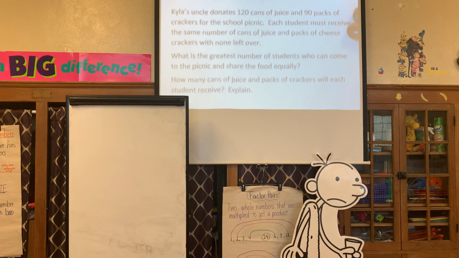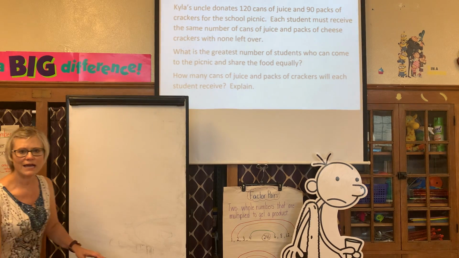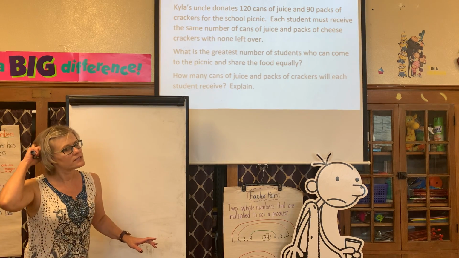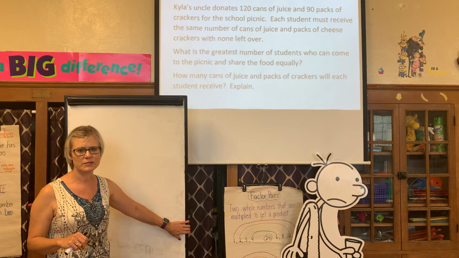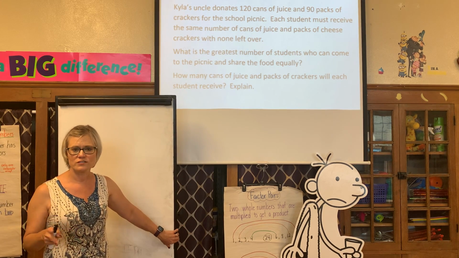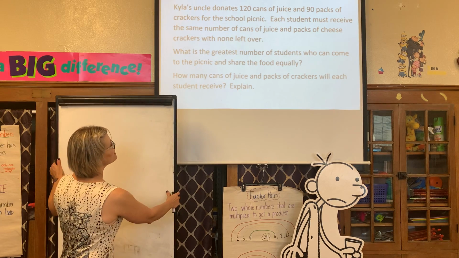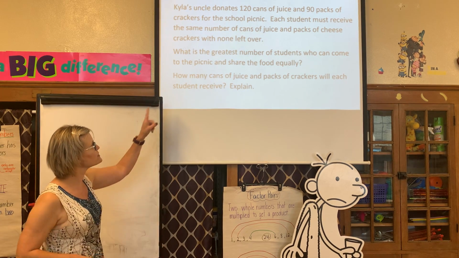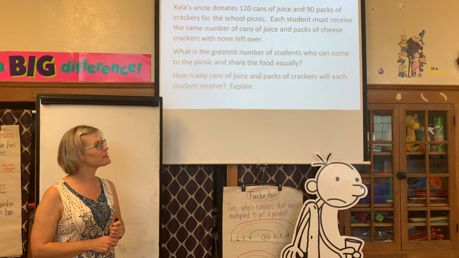All right, so this is another problem about a picnic at school. This time it is a class picnic. And somebody's uncle was super kind and he donated some things for the class picnic. He donated juice and some cheese crackers. So let's take a look. Kyla's uncle donates 120 cans of juice and 90 packs of crackers for the school picnic.